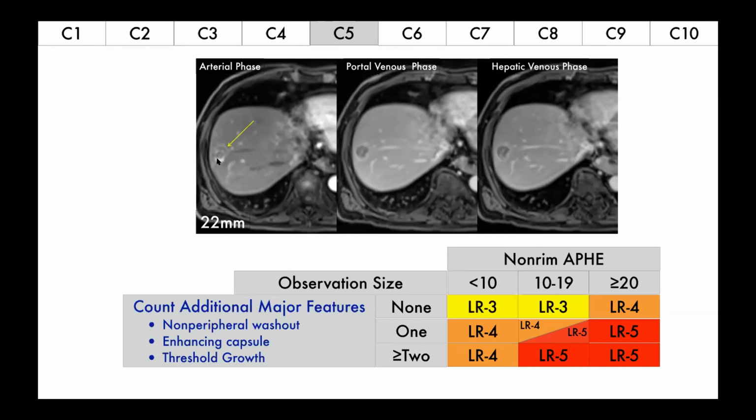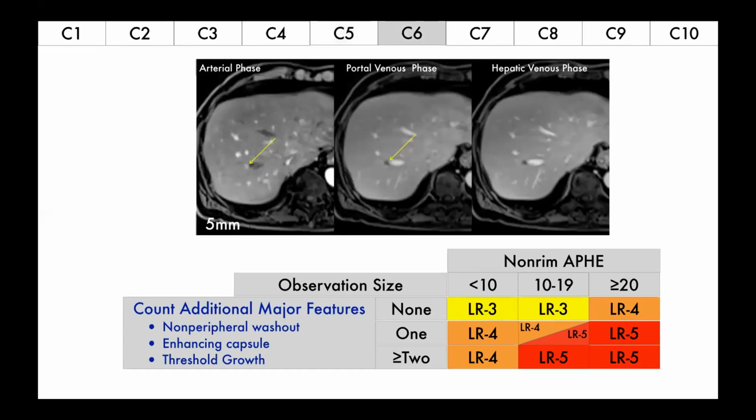Now again, remember this term: even if there's arc-like enhancement and then the rim persists or the capsule enhances, if this capsule actually washed out and there was a core of enhancement filling up, it would be a non-peripheral washout, which is more typical of a cholangiocarcinoma rather than an HCC. So when you look at this pattern, arcs, centripetal as well as peripheral enhancement with washout and a delayed enhancing rim, it fits into another pattern of LR5 observation or an HCC.